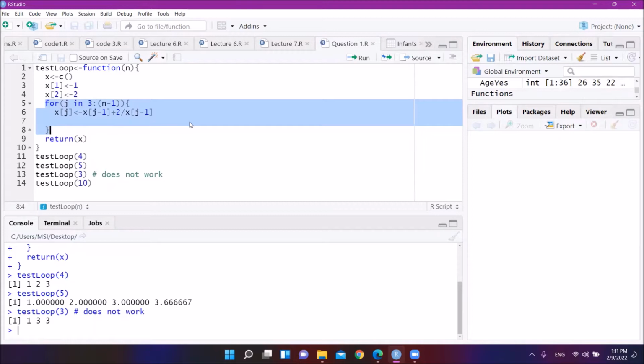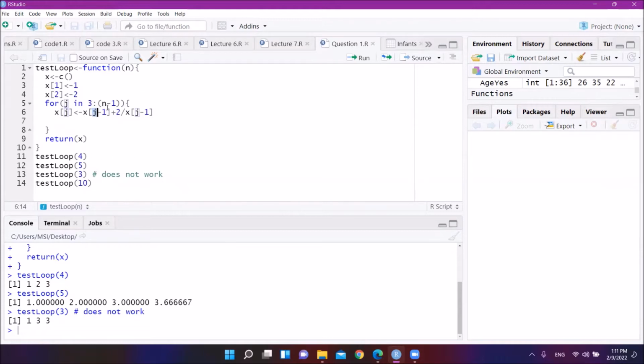It's going in reverse order, because when n is equal to 3, it starts by substituting the value 3 here. So 3 minus 1 is 2, and the for loop is looping from 3 to 2, so it's going in reverse order. When j is equal to 3, it gets into the for loop and works by substituting 3 for j.